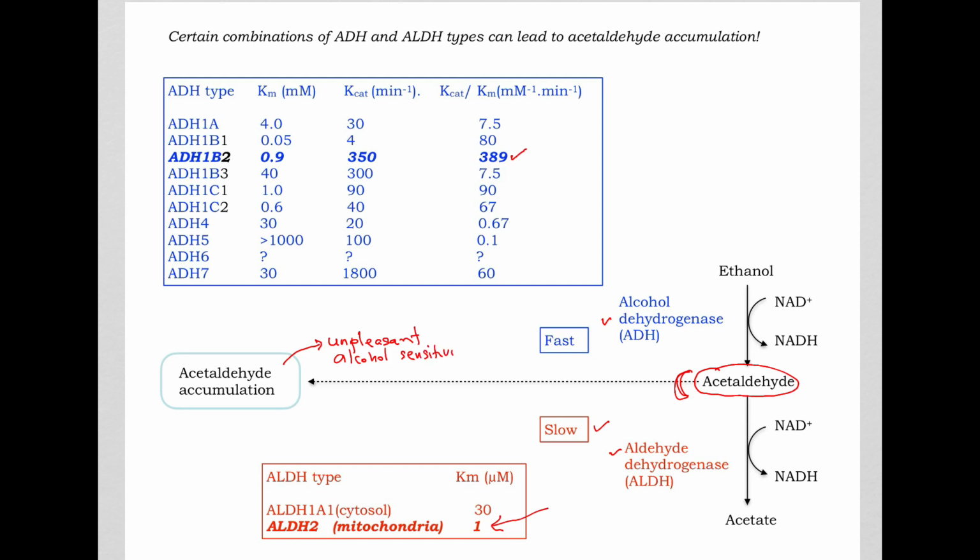So people with these types of enzymes tend to have acetaldehyde accumulation, and this is going to discourage drinking, just like the drug disulfiram is going to discourage drinking, and therefore having these strong ADH1B2 enzymes and weaker variations of the ALDH2 enzymes are going to be protective against alcoholism.